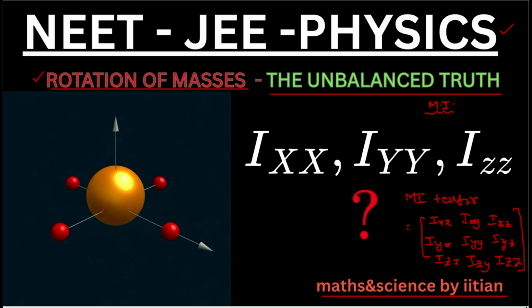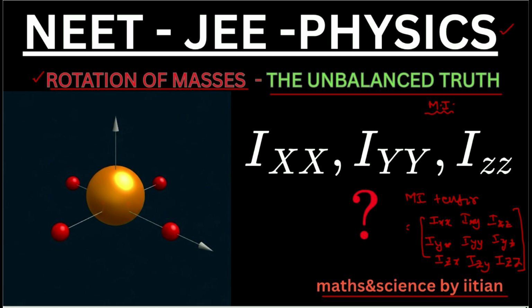The main crux of rigid body motion or rotational motion is about finding the moment of inertia. Once the moment of inertia is known, then we can find out the angular frequency, as we have seen in the previous lectures. We can find out any factor.